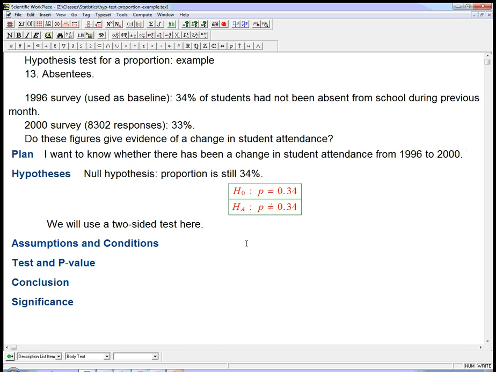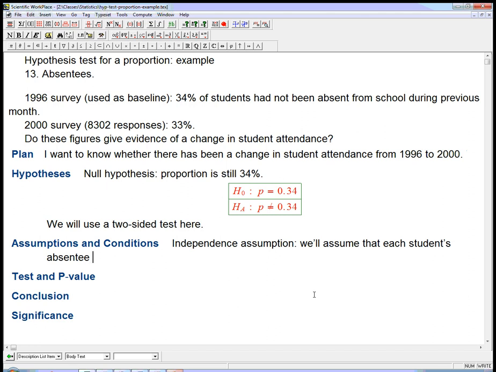Okay, so let's look at the assumptions and conditions that we need. We have the independence assumption. Hopefully we can assume that each student's absentee record is mostly independent of others.